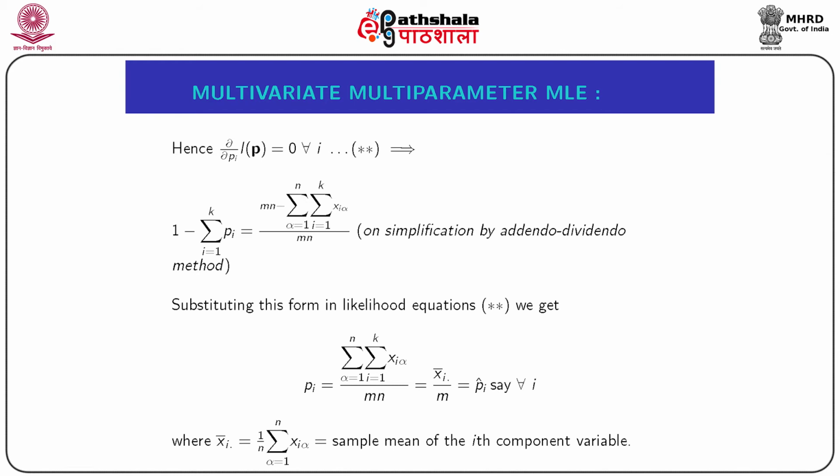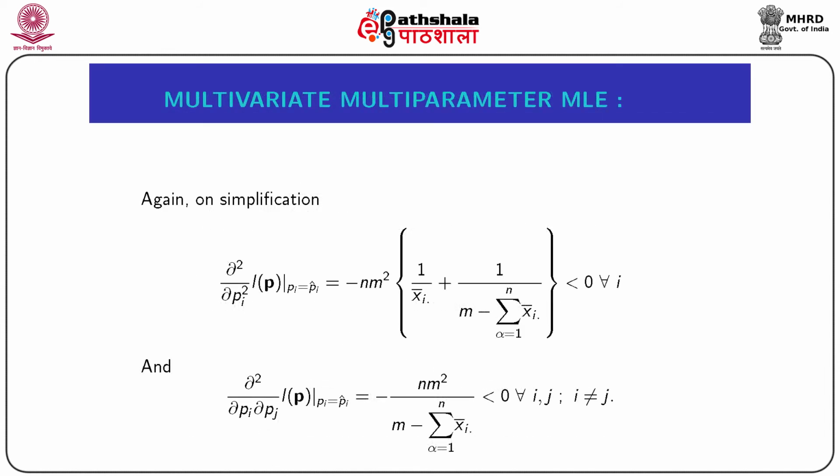Now, substituting this form in the likelihood equations double star, we get pi equal to double summation xi alpha by mn, which is equal to xi dot bar by m, equal to pi hat say, for all i, where xi dot bar is equal to 1 by n summation alpha from 1 to n xi alpha, which is nothing but the sample mean of the ith component variable.